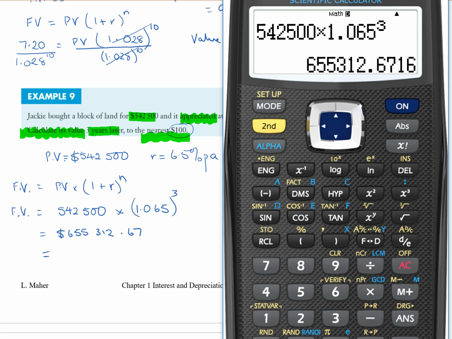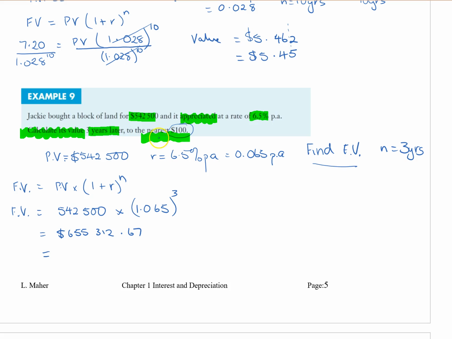We don't leave it at that because the question actually said give it to the nearest 100. So I've got to look at this number. 312 to the nearest 100 would just be straight 300. So the block of land in 3 years' time would be valued at $655,300.